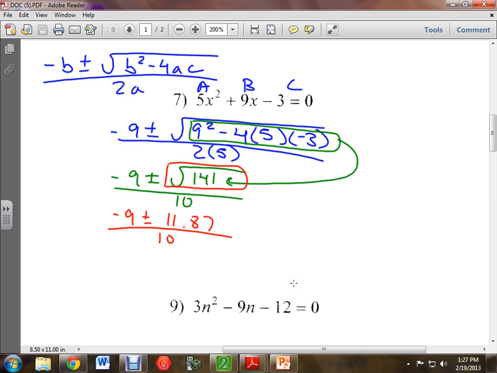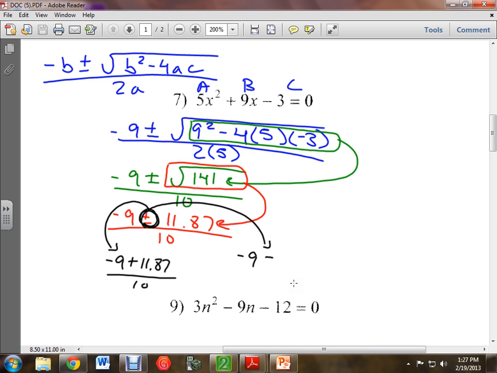So once we have the square root of 141, which is what gets me this 11.87 right here, I'm going to calculate out the plus and the minus version. Right here we have a plus and minus. That's going to give me two calculations: negative 9 plus 11.87 over 10, and negative 9 minus 11.87 over 10.